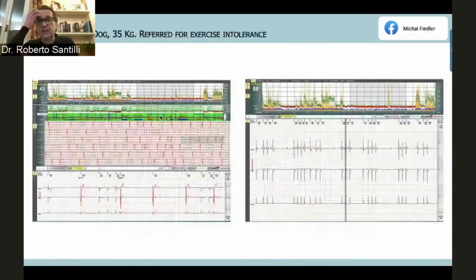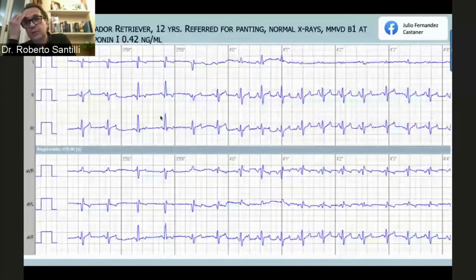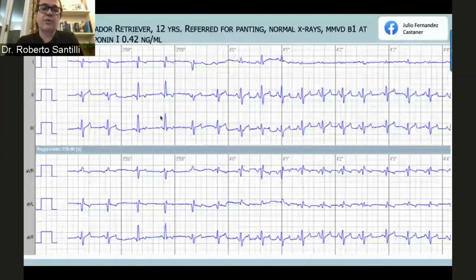Okay, that's another case, and then we move to the clinical case. This is another very interesting case that has been posted on our Facebook group by Dr. Castaner. This is an old dog, actually 12 years old, referred for panting. He has a slightly elevated troponin and normal X-rays and so on.